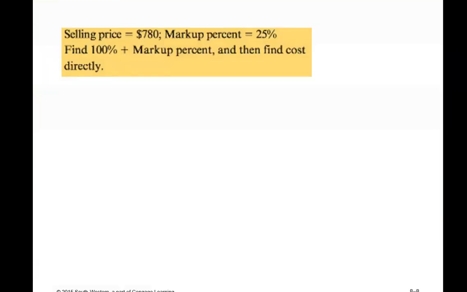Okay, so let's do this together. Let's say that we have a selling price of $780 with a markup percent of 25%. We're first going to find 100% plus the markup percent, which gives me 125%.